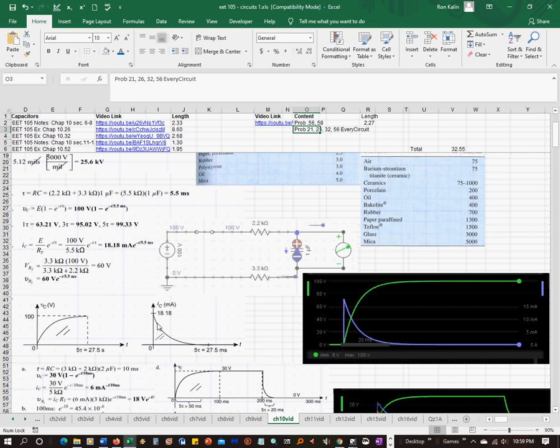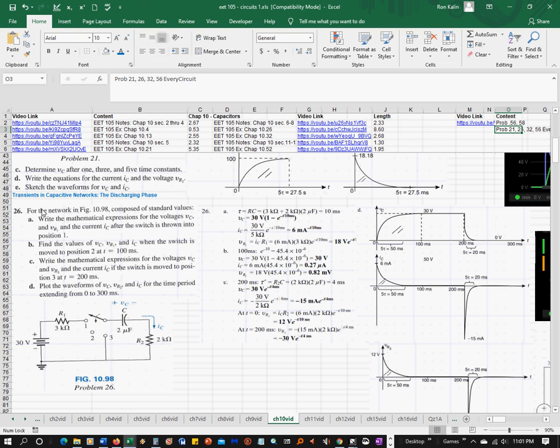The current's a little bit higher in the book, the initial current, but it's pretty close, and you could see that tau is 5.5 milliseconds, and so 5 time constants would be about, what is that, 21, or I'm sorry, it's 27.5 milliseconds. So 5 tau would be somewhere around here, and as you could see, the current is 0 here, and the voltage is basically 100 here.